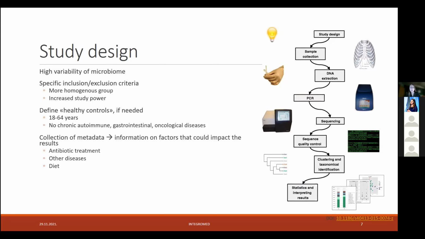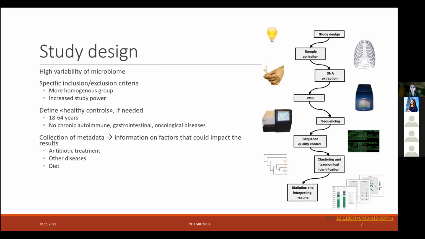Therefore, when we see the results, maybe there's some unexpected clustering or some outliers or some other interesting results, we can go back to our additional data and see, well, there's the explanation. This person has used antibiotics, or this person has some specific health condition that we thought that wouldn't affect the results, but we see that it is affecting.